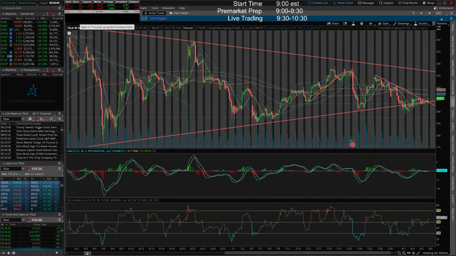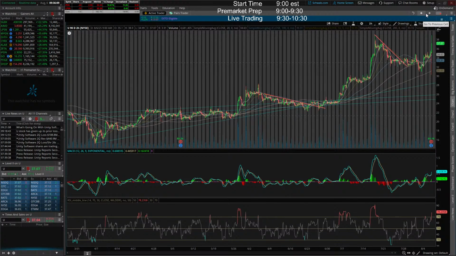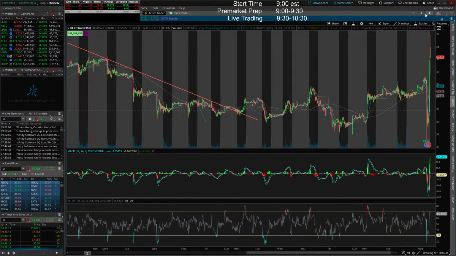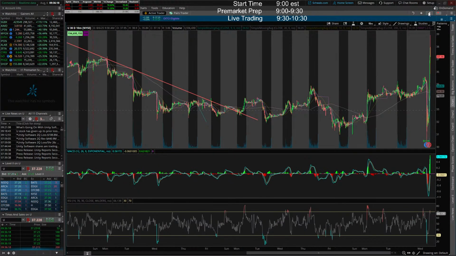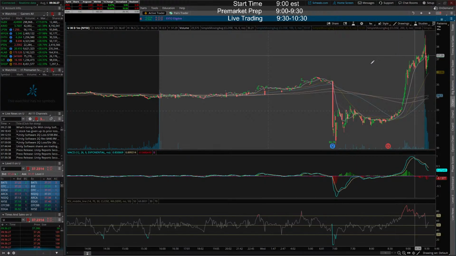Unity is a monster. We'll see if the spike holds up. It's always the question with these. Is this morning spike going to hold up, or is it going to get decimated? It's pretty impressive so far.